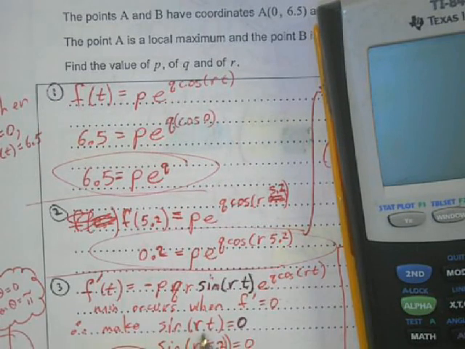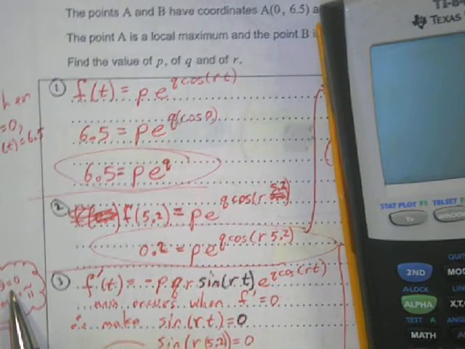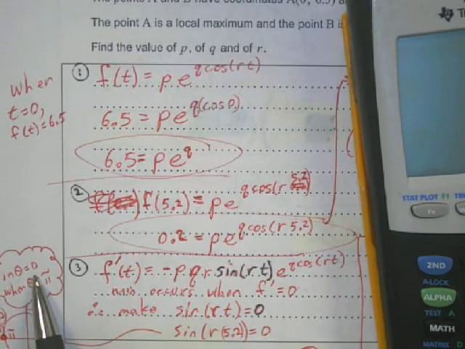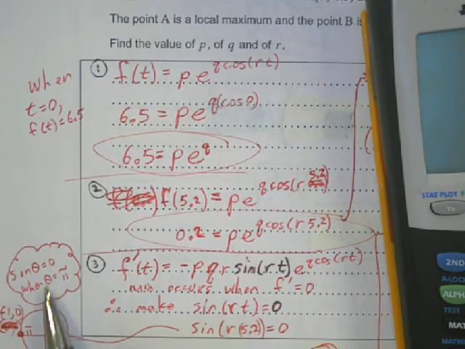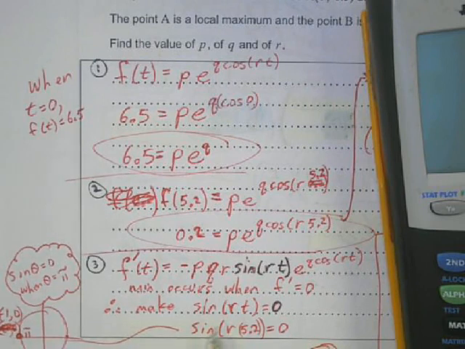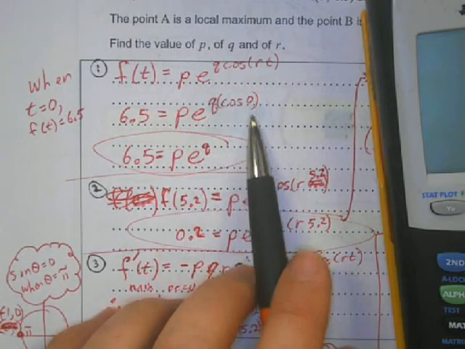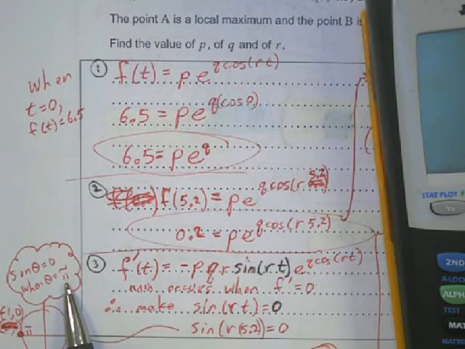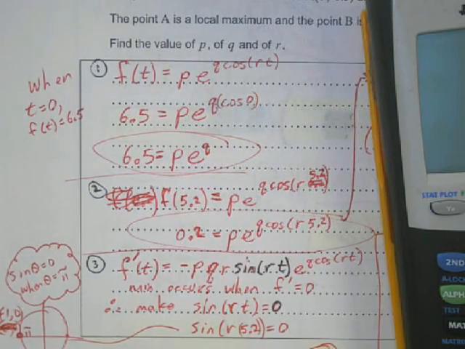Sine is equal to 0 when theta is 0 and when theta is equal to pi. So if theta is equal to 0, well, we already did that up here. So when theta is equal to pi, then I can plug in.